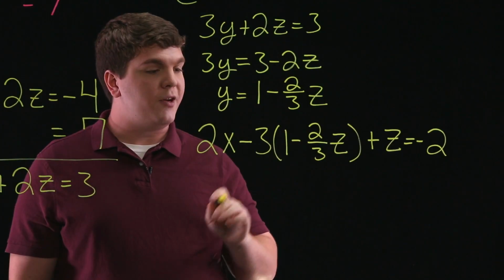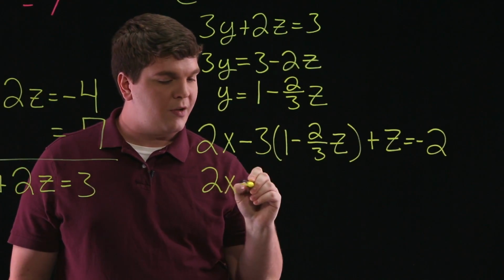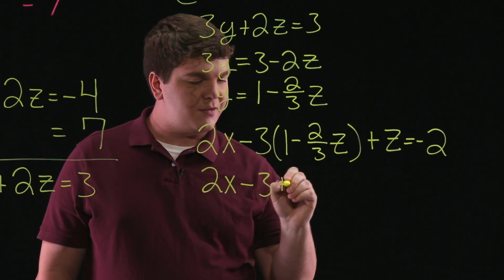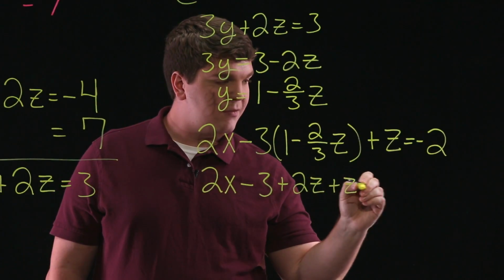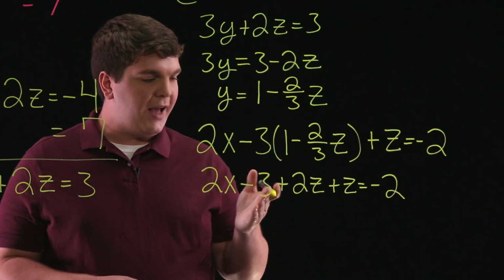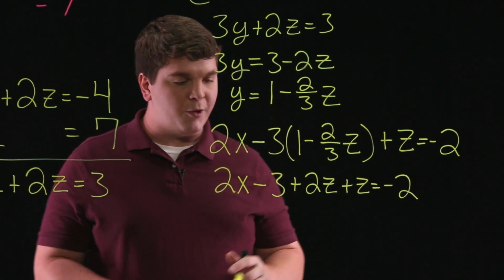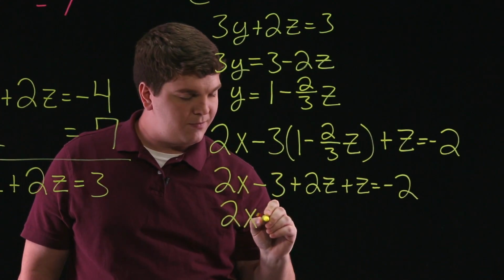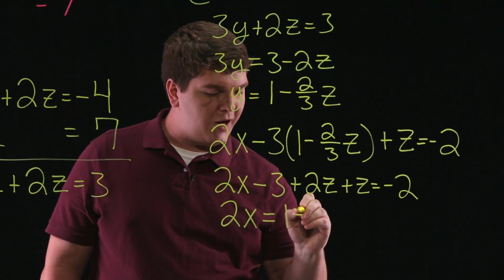So we'll begin by distributing the negative 3. So we'll have 2x minus 3 plus 2z plus z equals negative 2. So here we can add 3 to both sides of the equation and subtract 3z from both sides of the equation to obtain 2x is equal to 1 minus 3z.